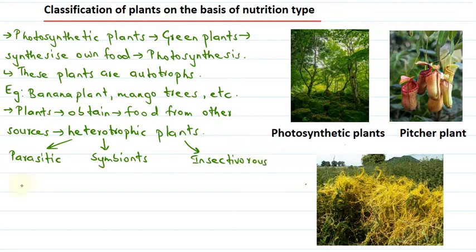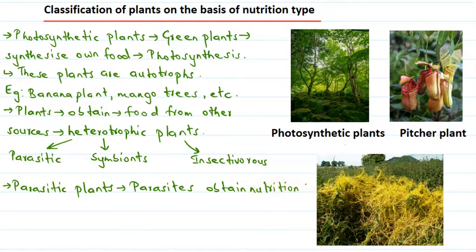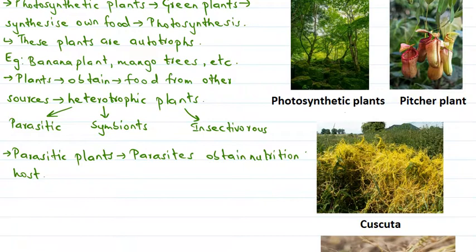Let's first study parasitic plants. Parasites are organisms that obtain nutrition from other living organisms called the host. We had seen this. Now what do these parasitic plants do?